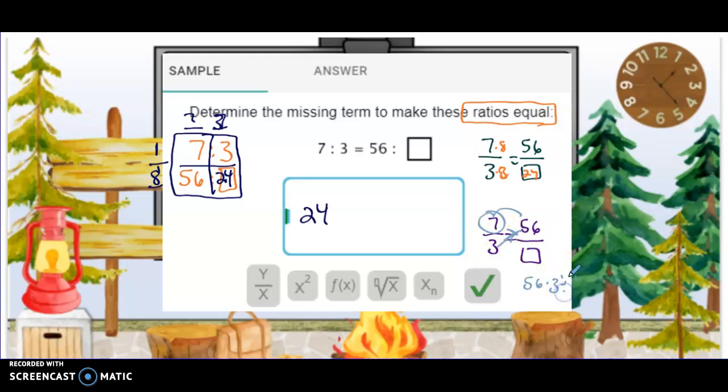So on your calculator divide by 7 and then hit equals. 56 times 3 divided by 7, you'll get 24. This is a quick and easy way to do it instead of finding a greatest common factor or solving a factor puzzle. But if this is confusing, use one of those other options for solving.